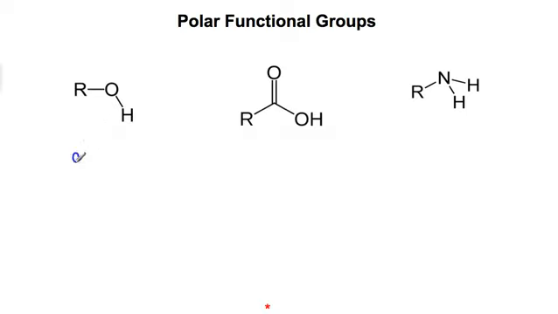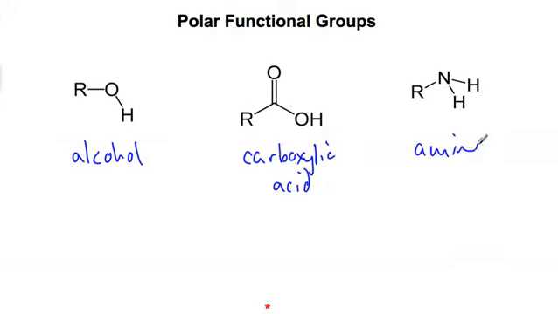Now these functional groups. So here we have alcohol and carboxylic acid and amine. Now this is a primary or secondary amine, and again I mentioned tertiary was one type. Primary and secondary are a different type.